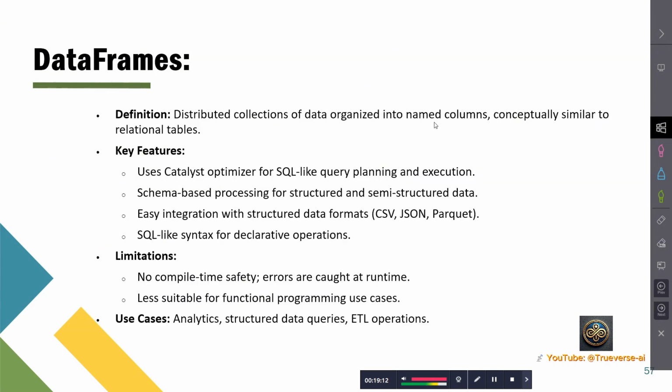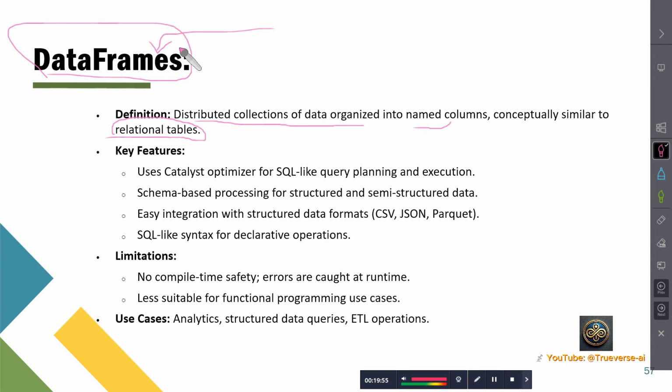The second Spark abstraction is DataFrames. DataFrame is the second data abstraction. It is a distributed collection of data organized into named columns, conceptually similar to a relational table. You're already familiar with this concept, right?